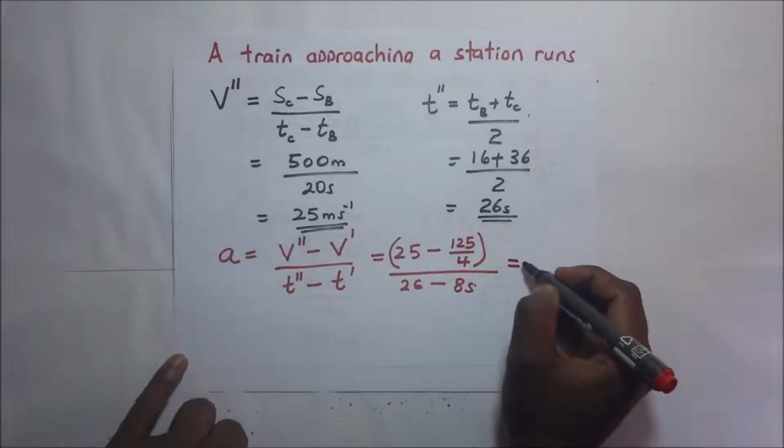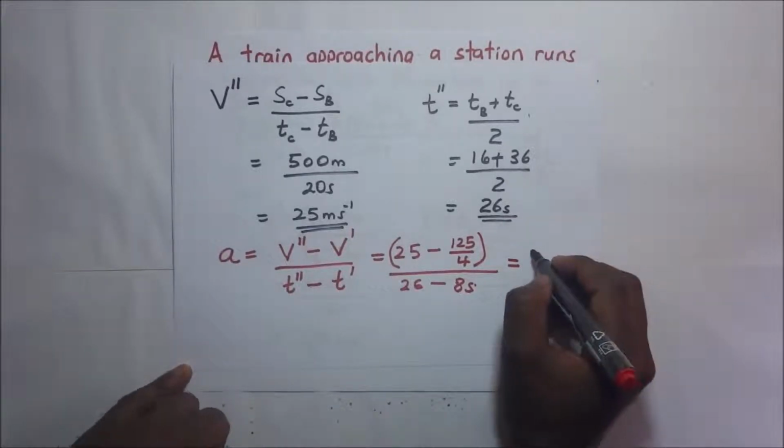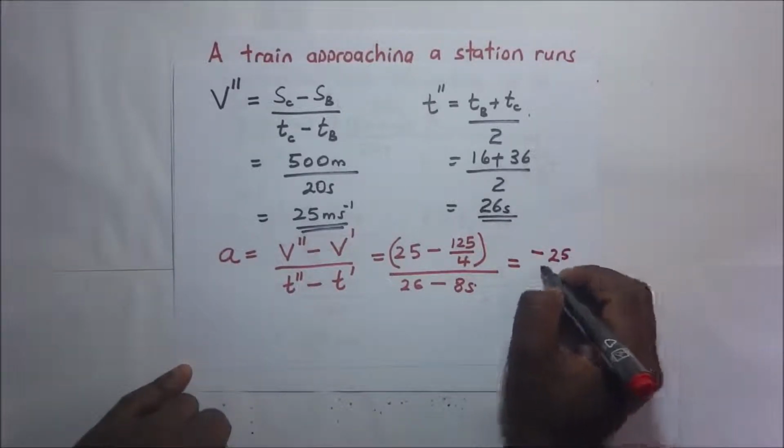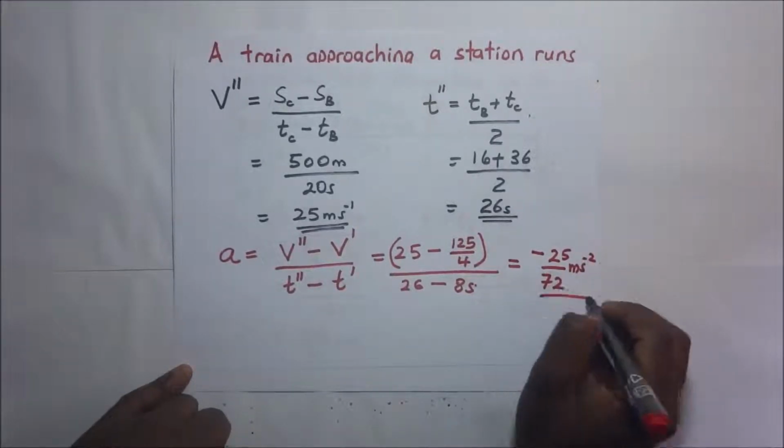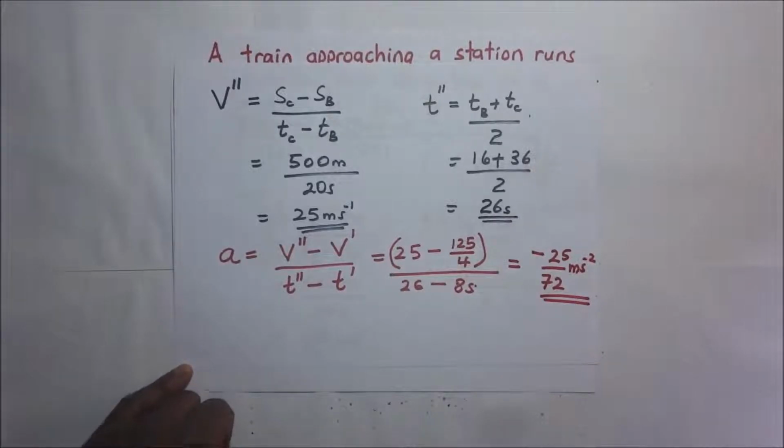And our answer for that, we'll get our acceleration as negative 25 over 72 meters per second squared. That's our value for acceleration.